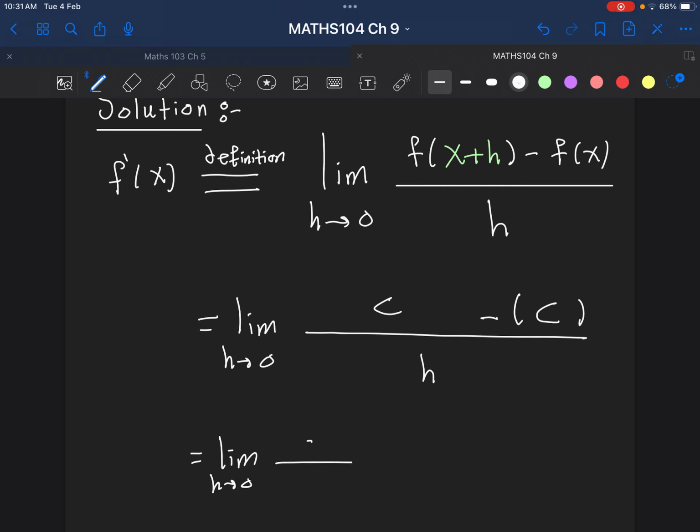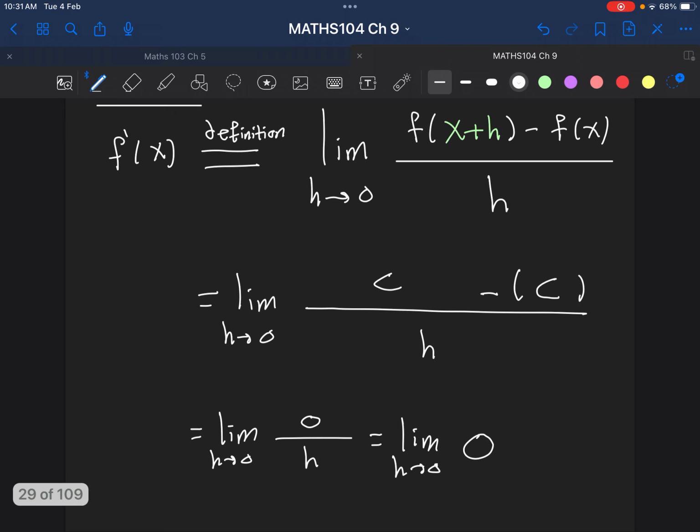Now, c minus c is 0 divided by h. Now forget about this limit. 0 over anything is 0. So it will be limit h goes to 0 of 0. So the final answer would be just 0.